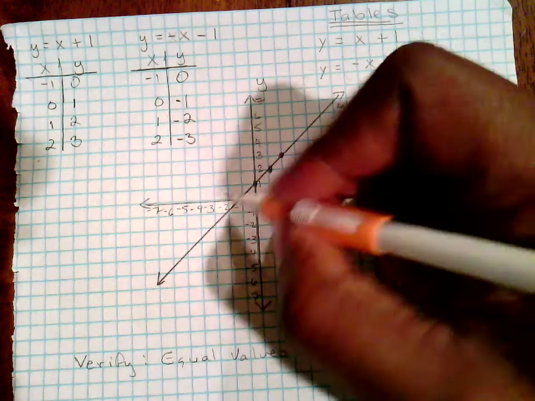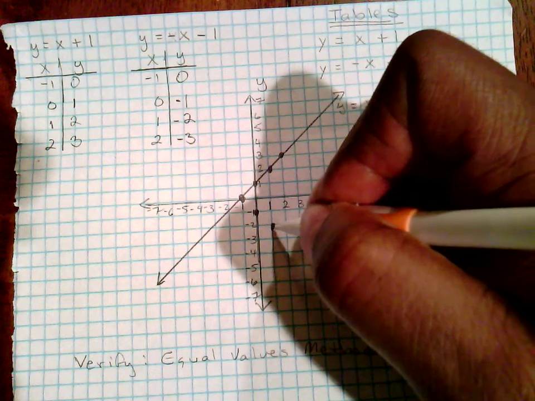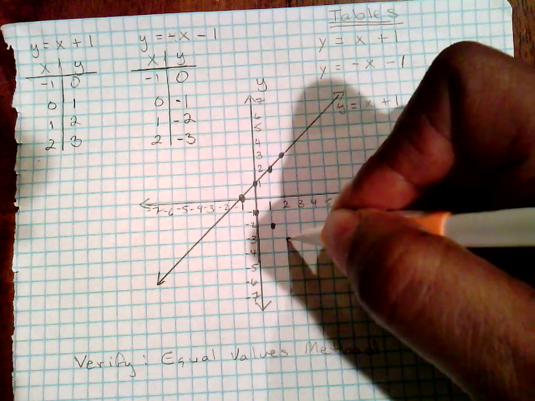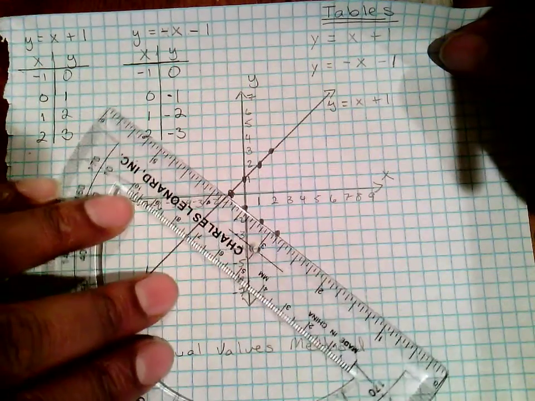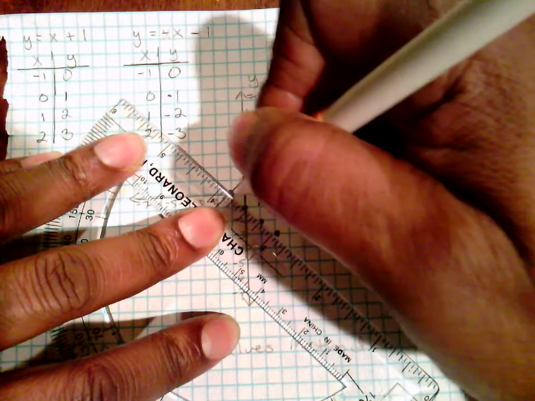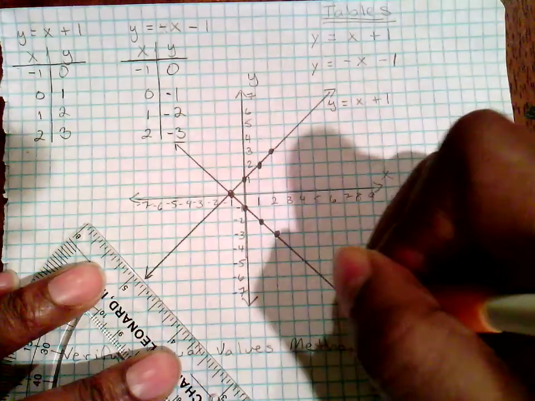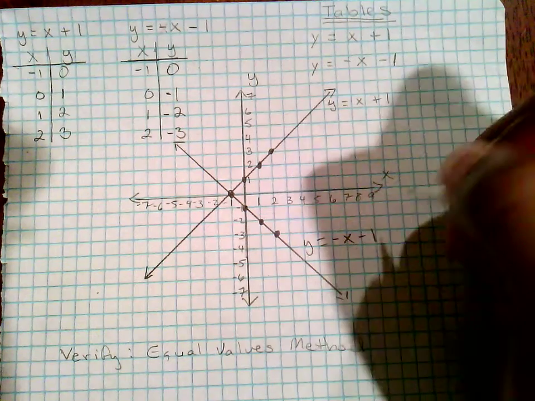Then 0, negative 1, 1, negative 2, and then last but not least, 2, negative 3. Draw my line, passing through each of these points. And so this is y equals negative x minus 1.